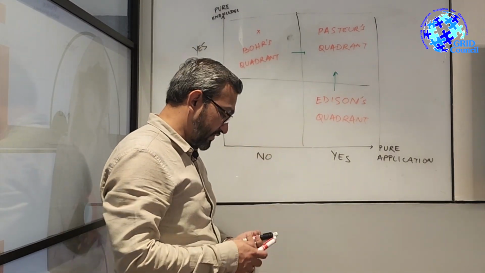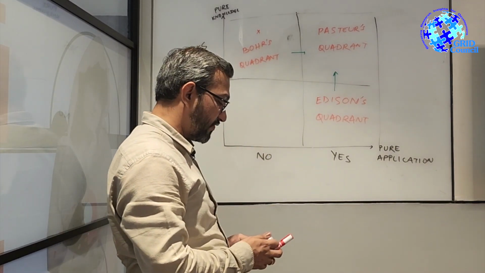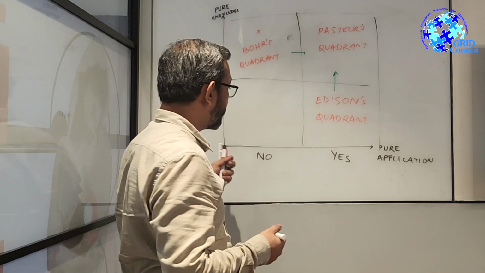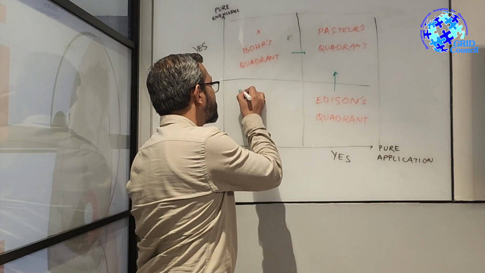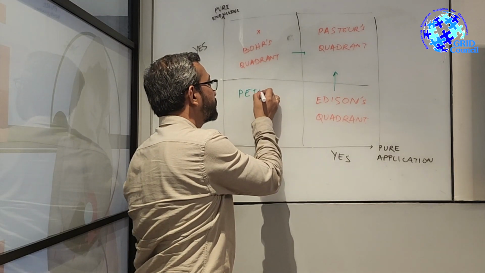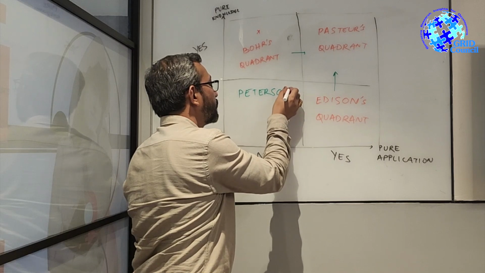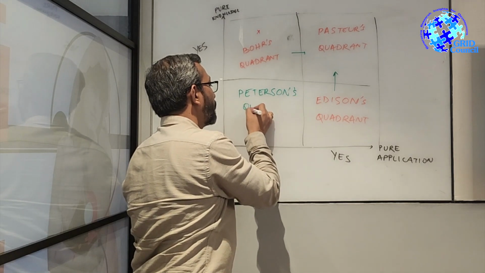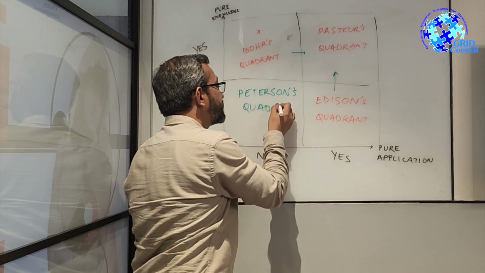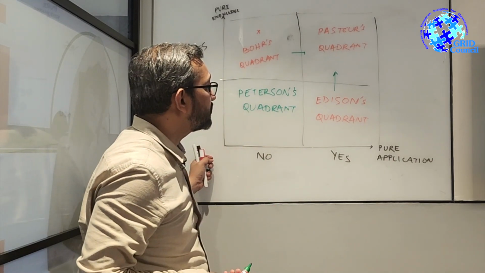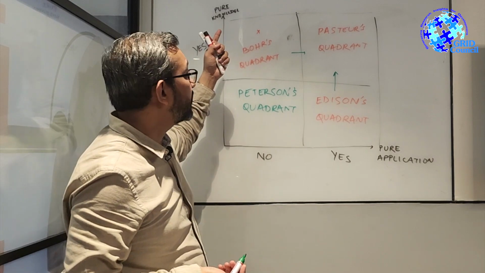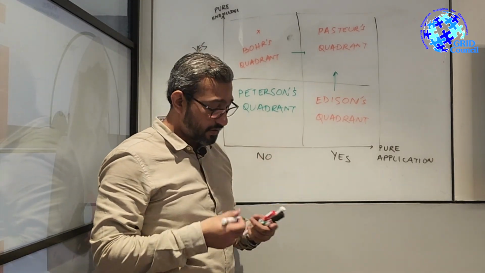But what really happens is, most of us actually struggle in this particular quadrant, this one, and we call this quadrant the Peterson's quadrant. So we do research which is neither a massive gain in knowledge, does not generate a theory, and is neither application oriented.